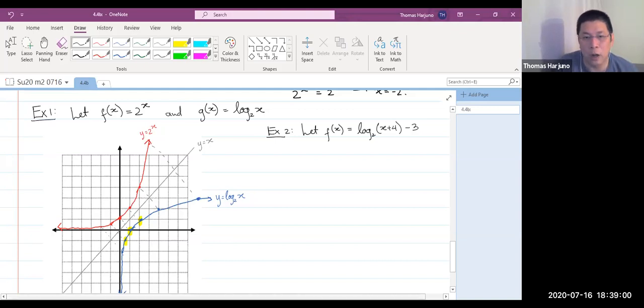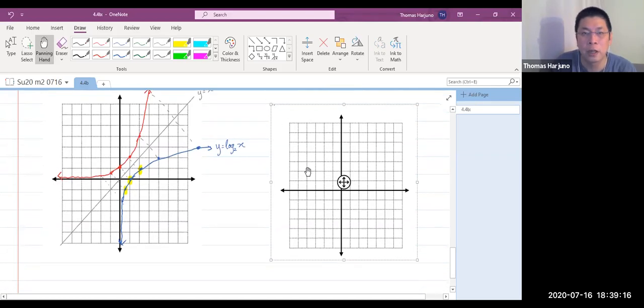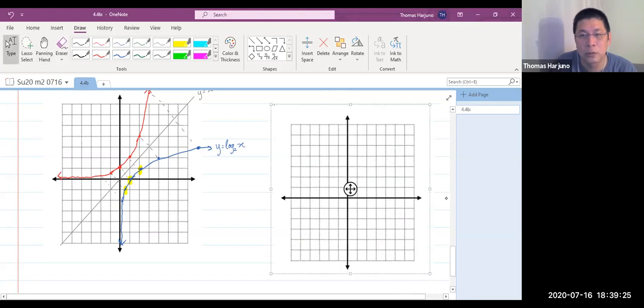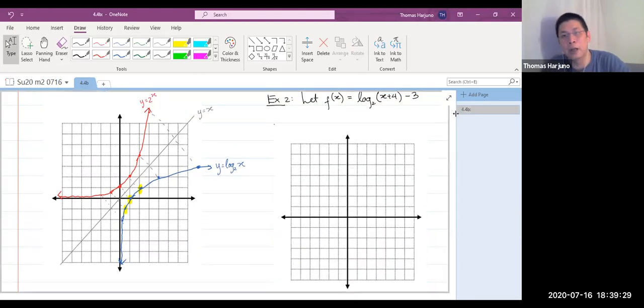Then the graph will be as the following. I basically use the graph that we had earlier, but we move it 4 units to the left and then 3 units down.